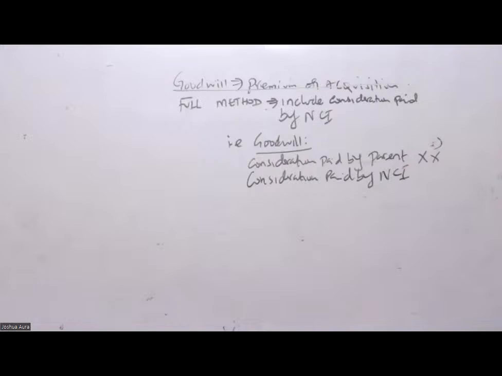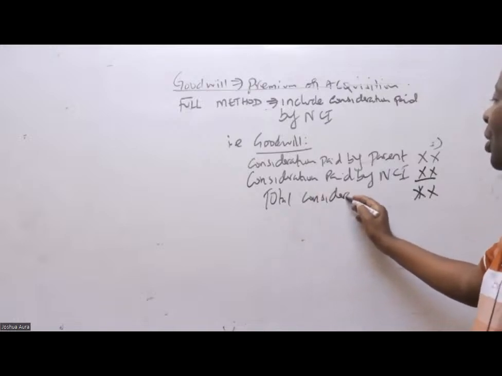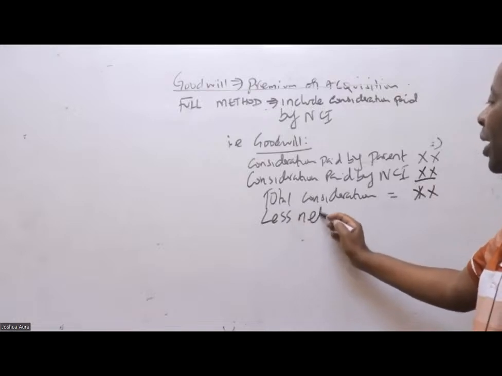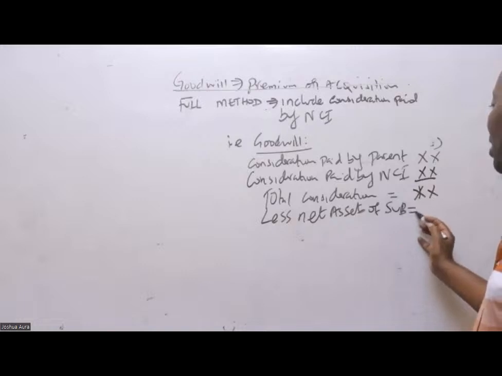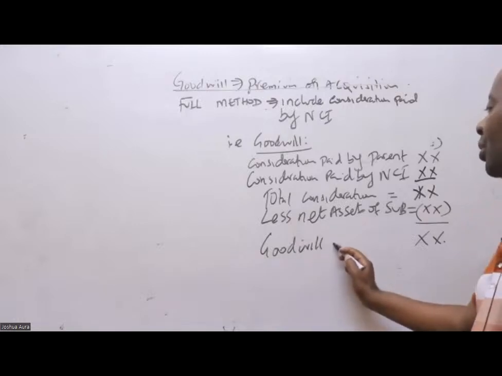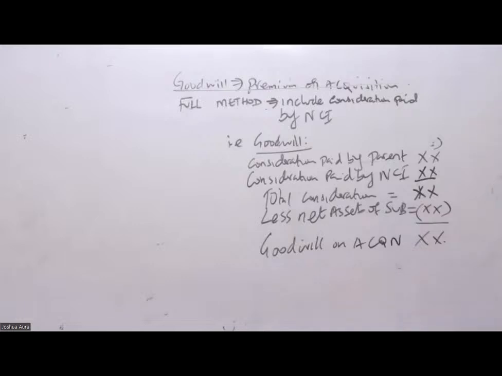Then we get the total consideration, less the net assets of the sub. We subtract like that. Whatever we get here will be the goodwill on acquisition.